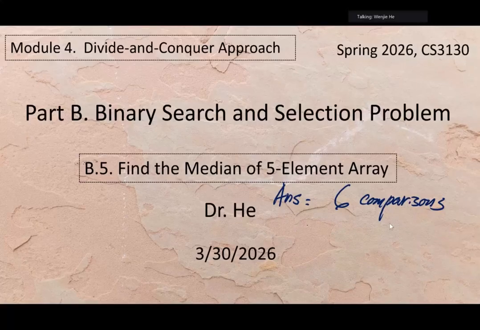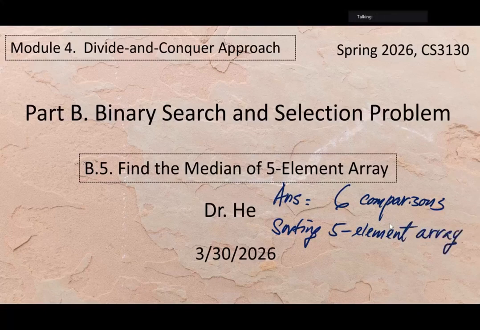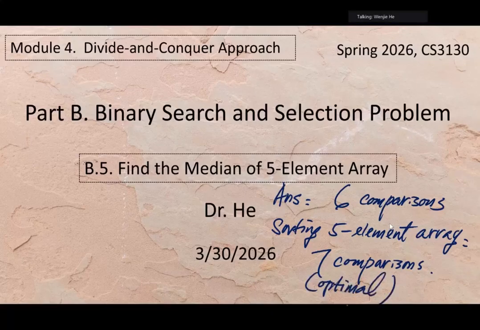For sorting a 5-element array, the optimal solution needs 7 comparisons. This is optimal.